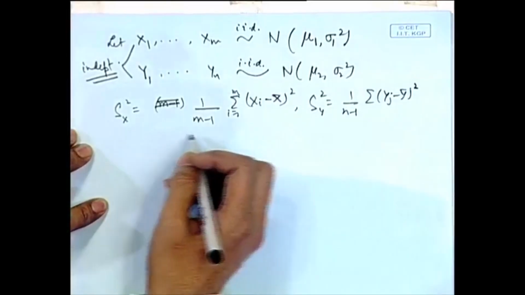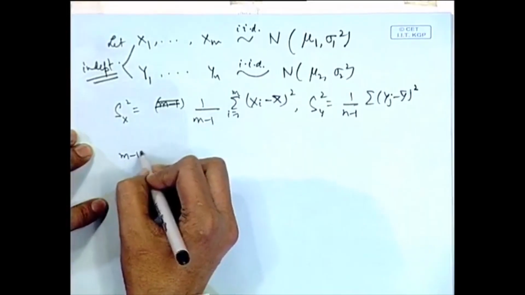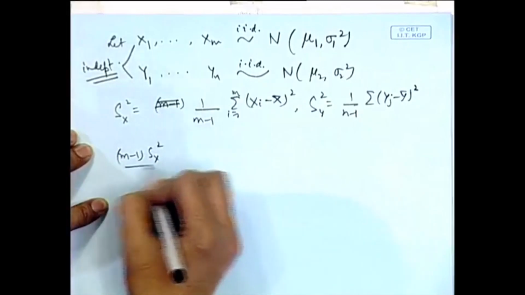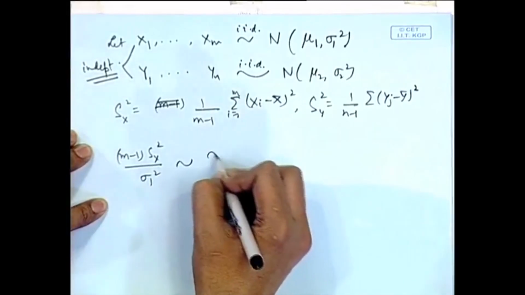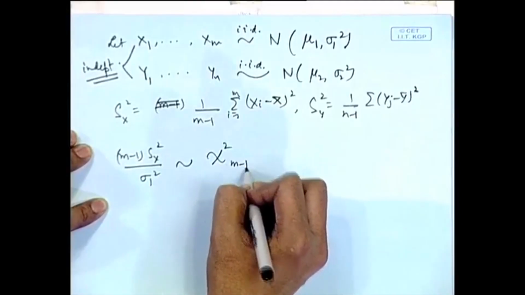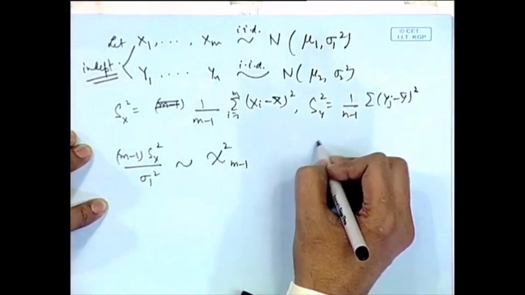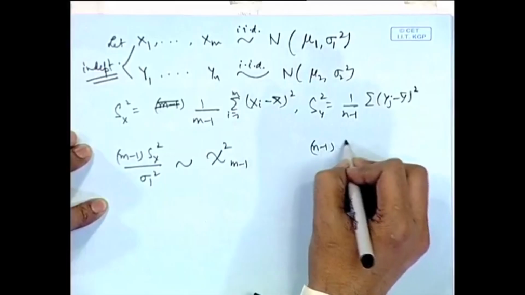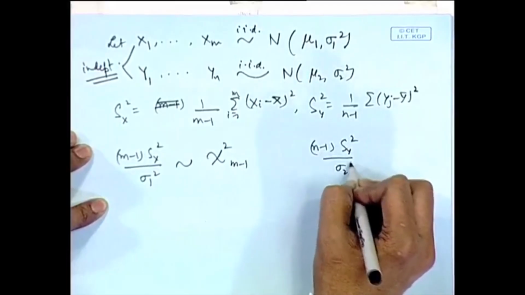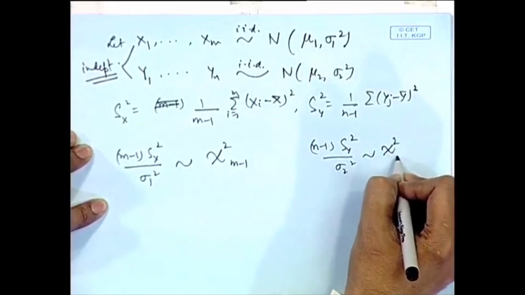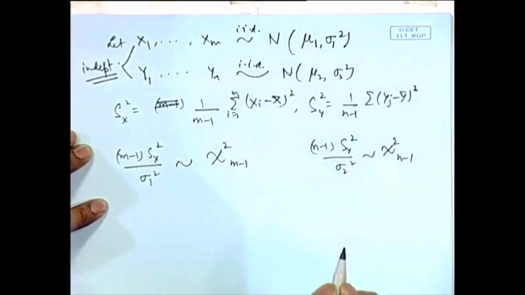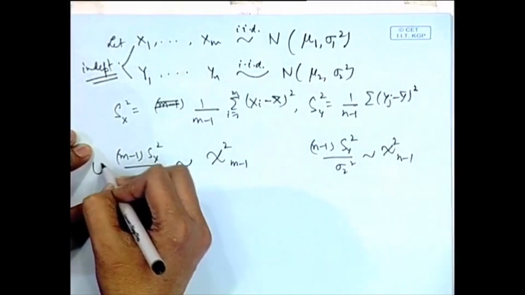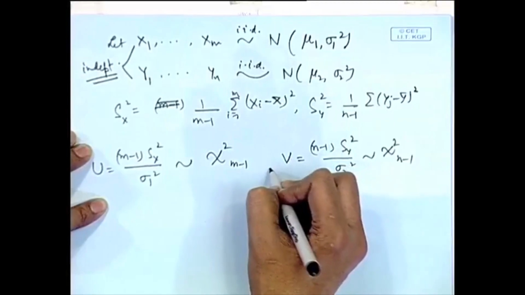Then by the theory of chi square, m minus 1 S x square by sigma 1 square follows chi square distribution on m minus 1 degrees of freedom, and n minus 1 S y square by sigma 2 square follows chi square distribution on n minus 1 degrees of freedom. Let me call it the u variable and this the v variable.